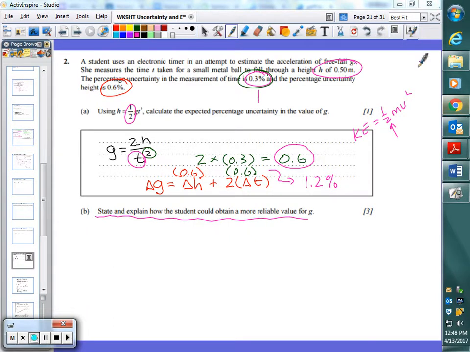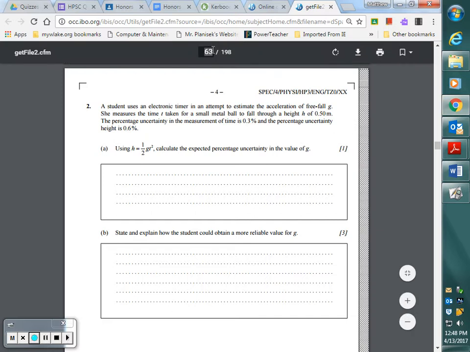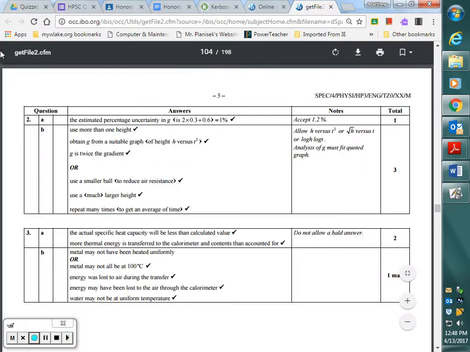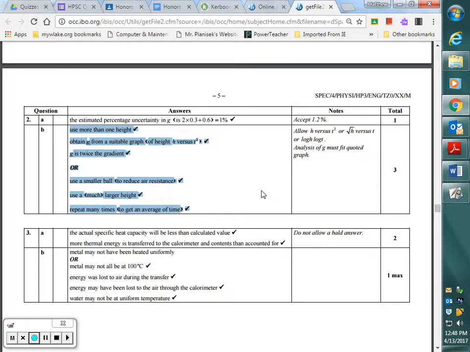So if you look here, I'll show you all the things that they listed that are possible. Those are all the things that they listed. So, you guys did a good job, right? Smaller ball, reduce air resistance, height, repeat it more times. You can also go with the graph because the graph builds the uncertainty into the graph, and then you could reduce that uncertainty that way.